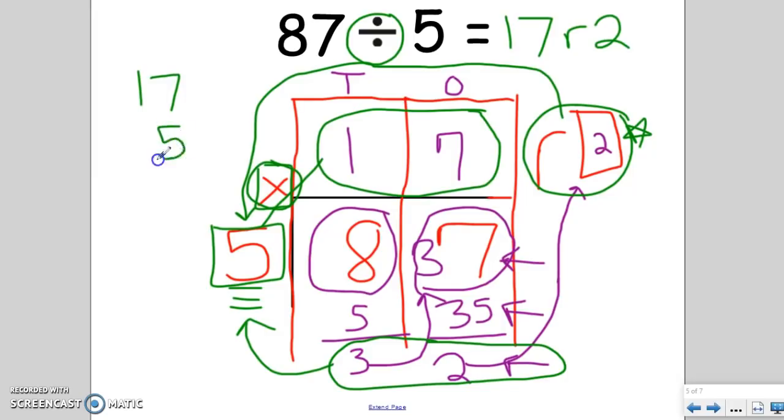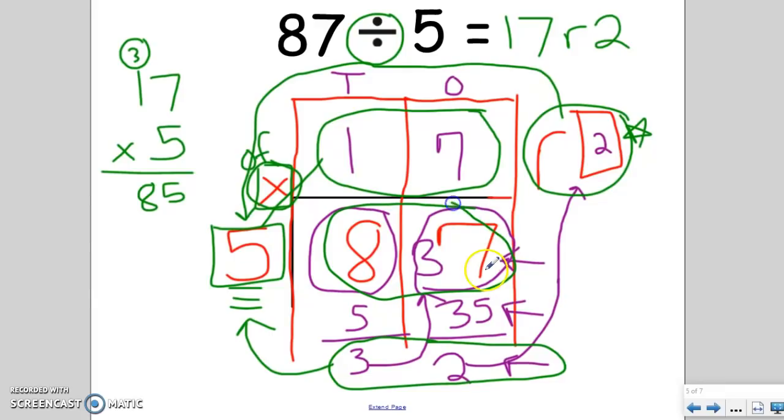Because what we're saying is we were able to make 17 groups of 5 out of the 87. So when I multiply these together, 5 times 7 is 35, and 5 times 1 is 5, plus 3 is 8. I got to 85.